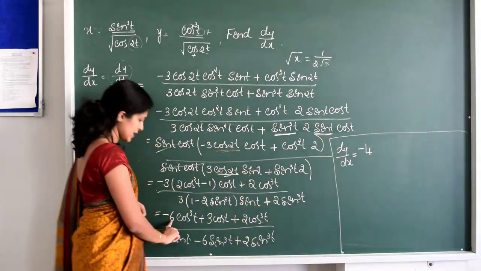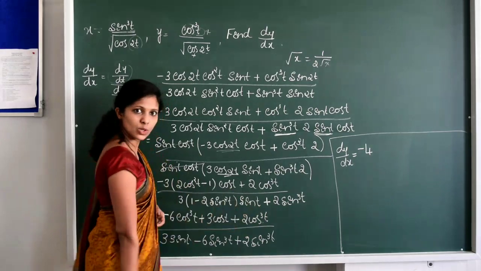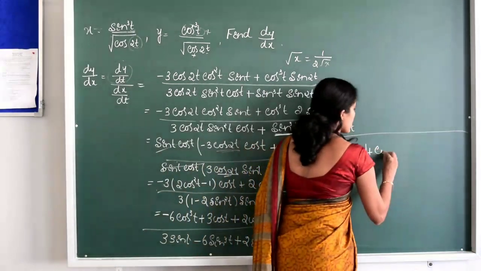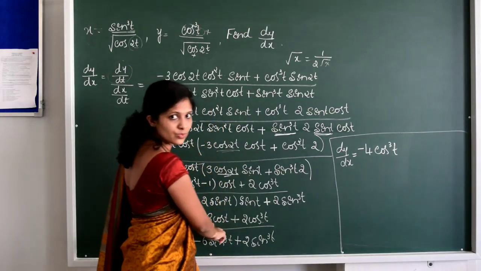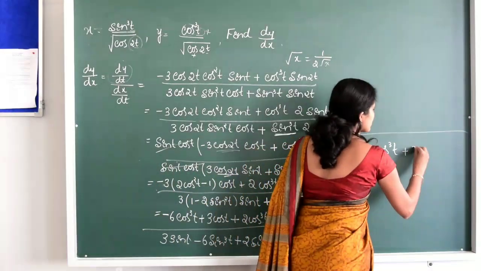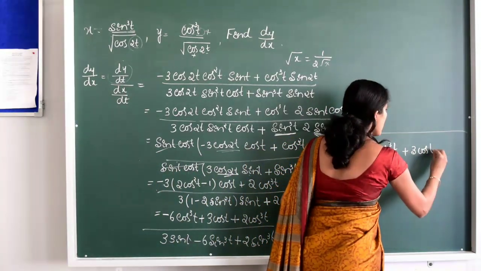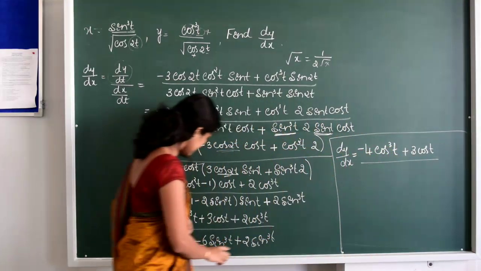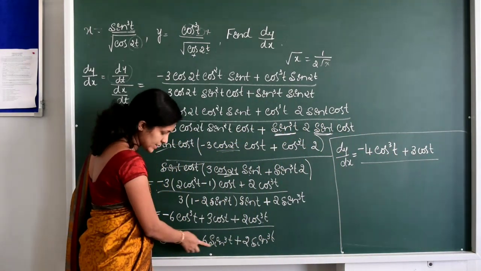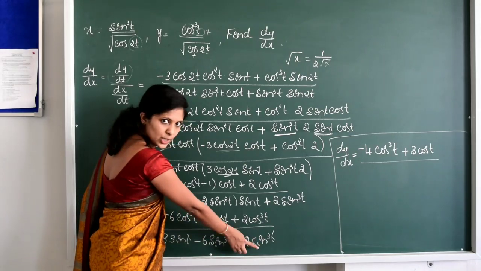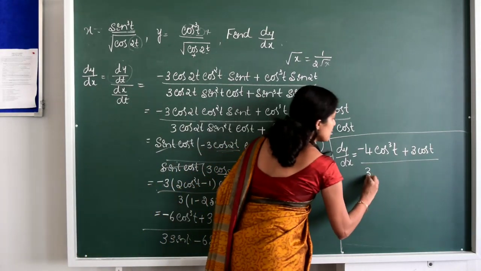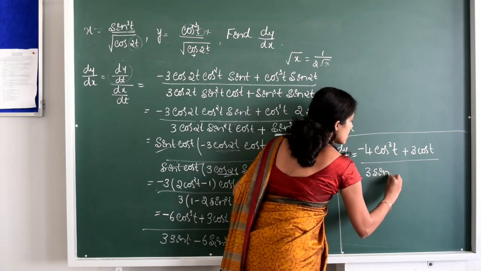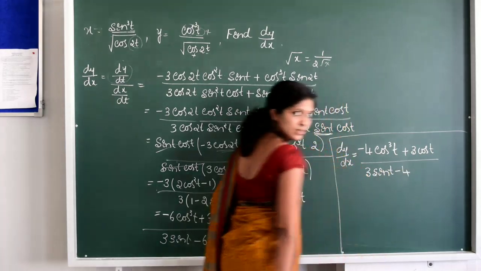Minus 6 cos cube t plus 2 cos cube t, so it will be minus 4 cos cube t and then another term plus 3 cos t, that is as it is, plus 3 cos t whole divided by, this is here 3 sin t as it is, minus 6 sin cube t plus 2 sin cube t, it will be minus 4 sin cube t. So I will write first 3 sin t as it is, minus 4, is it clear?